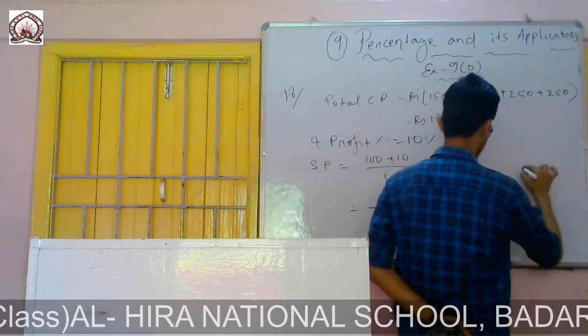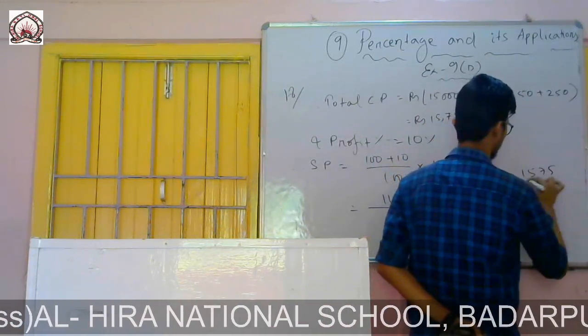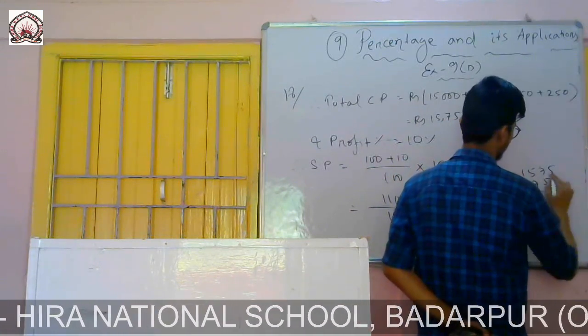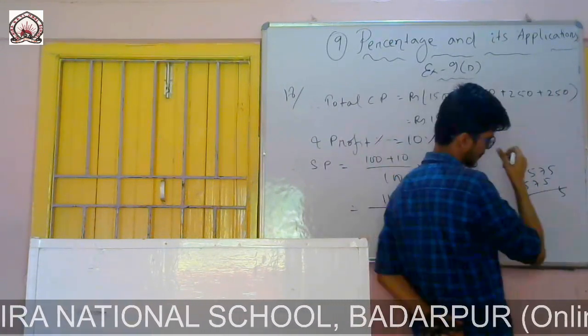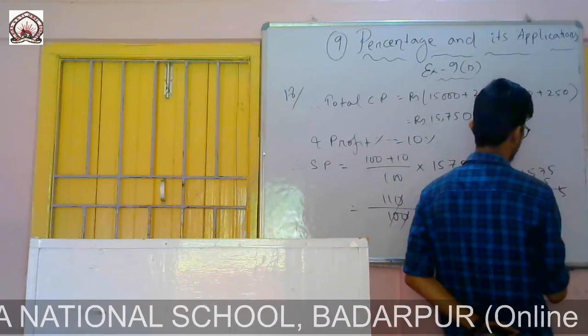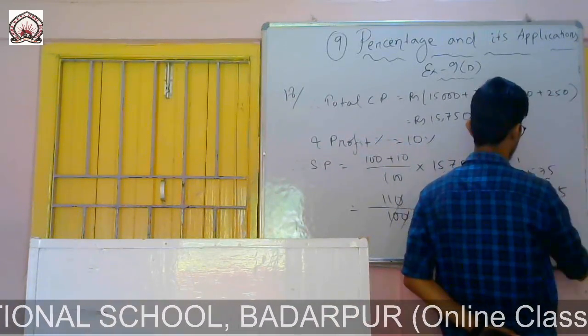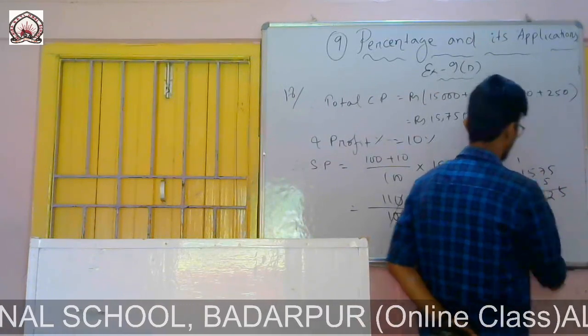If I multiply 1575 with 11, 5 plus 5 is 10, 7 plus 5 is 12, carry 1, 12, 13, 3 again carry 1, 5, 6, 7.